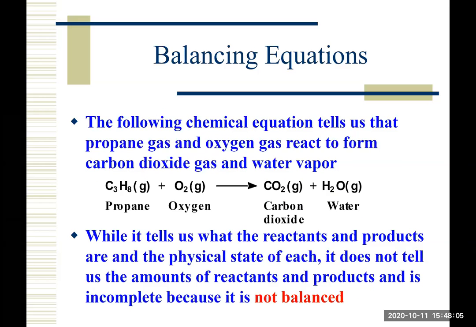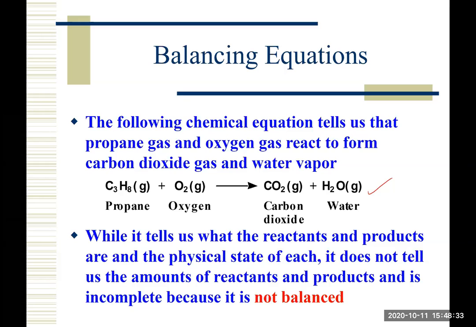The following chemical reaction equation here tells us that propane gas is going to react with oxygen gas to form carbon dioxide gas and water vapor. But it tells us nothing about the amounts of those species that are going to react. We know the physical states of matter, and we know each chemical that's going to react, but we can't really use this chemical equation because it's incomplete.